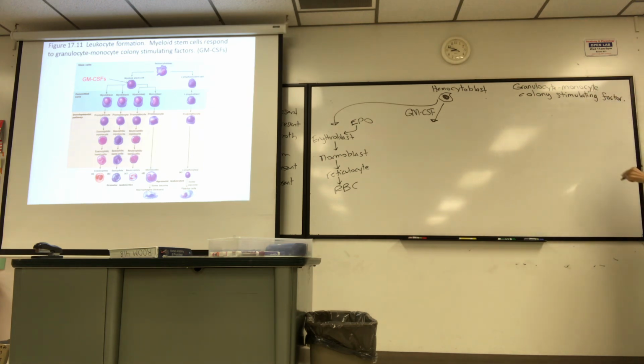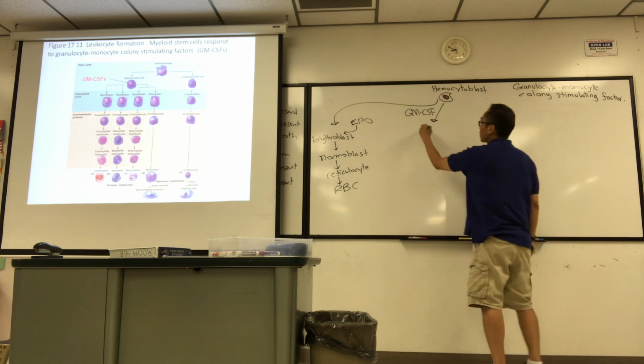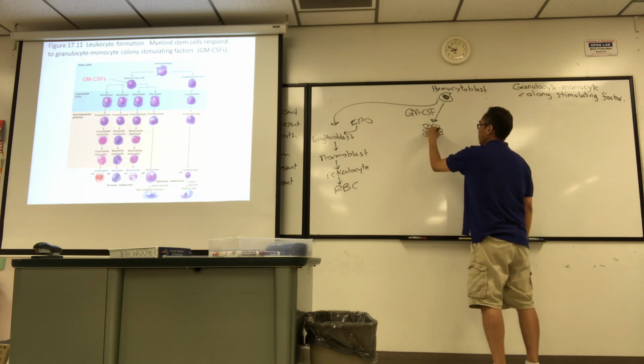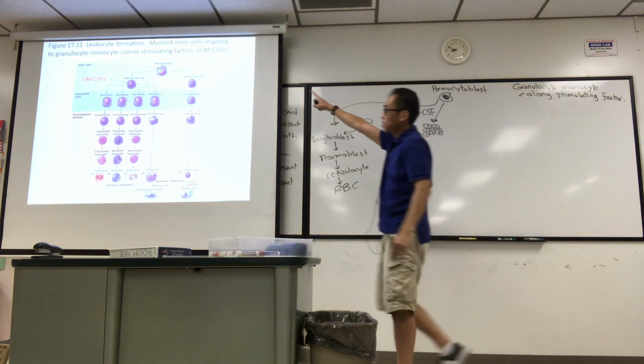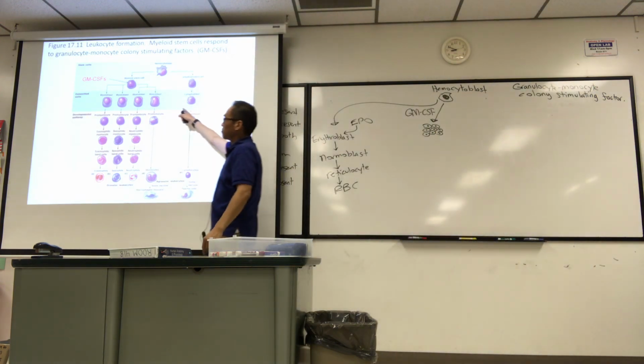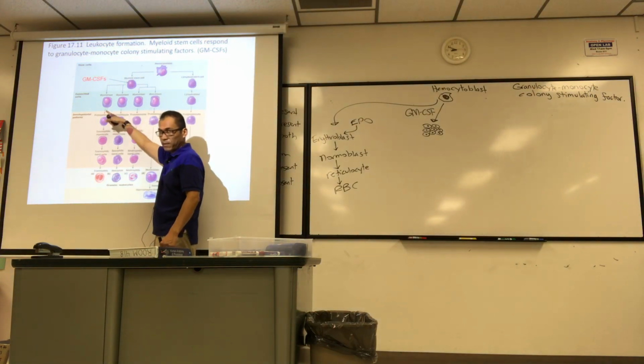That factor will form these little colonies of cells. I draw a little cluster of cells. They're still stem cells, but they've progressed past the hemocytoblast, and they're getting to this committed cell pathway there.